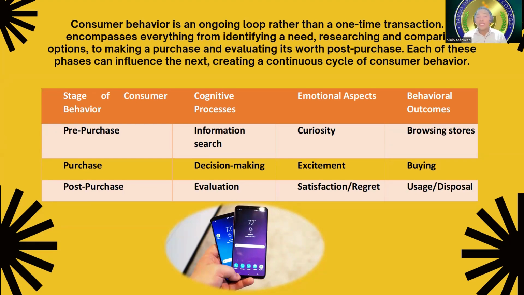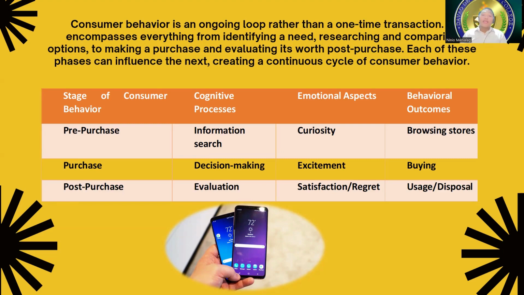As you can see in the figure that I show, in column A we have the stages of consumer behavior, which are the pre-purchase, purchase, and post-purchase. For cognitive processes, we have information search, decision making, and evaluation, then the emotional aspect in the next column, and the behavioral aspect outcome.